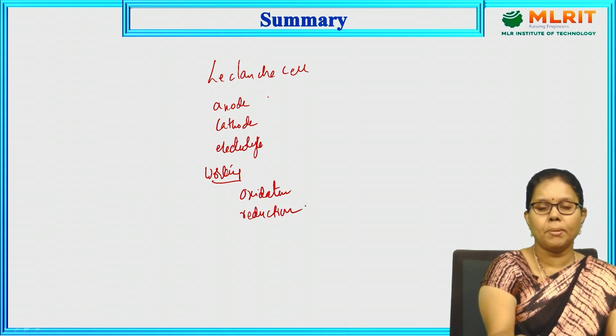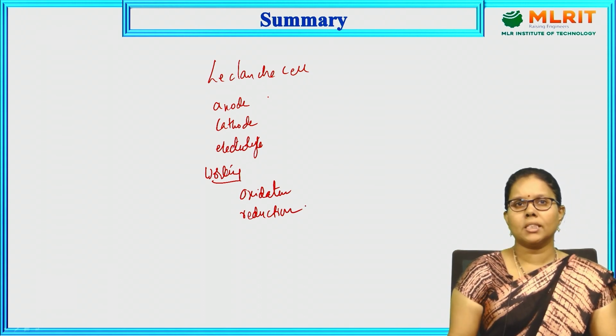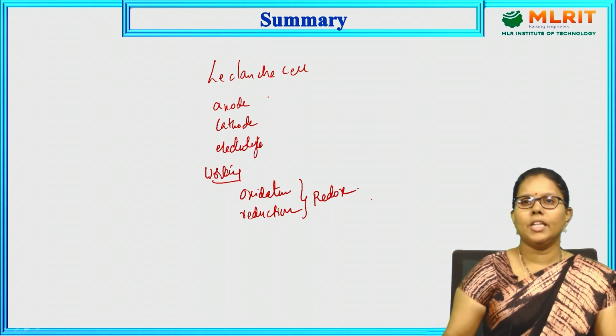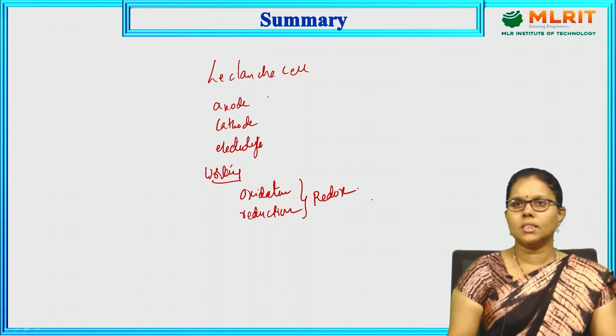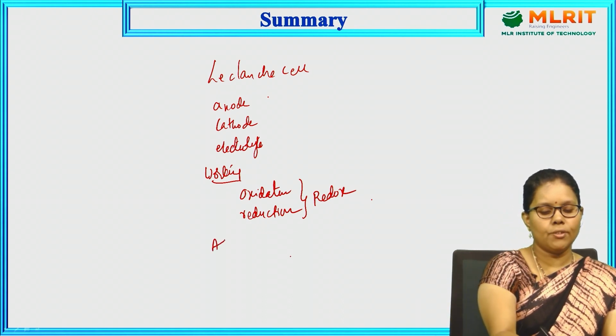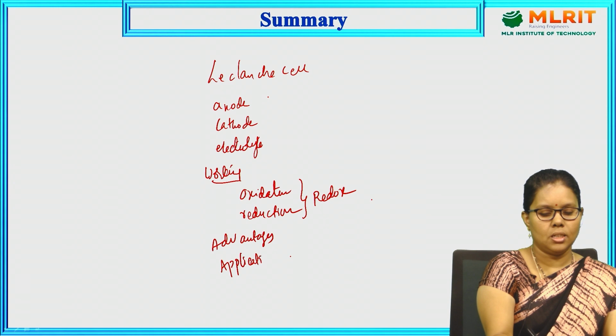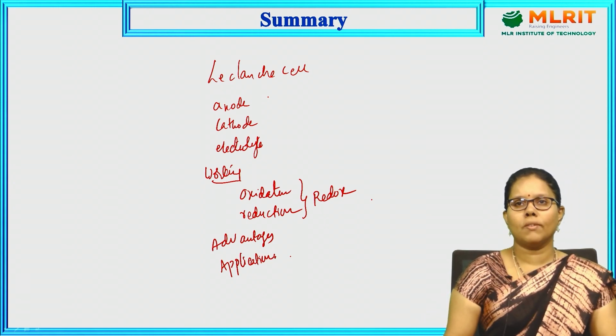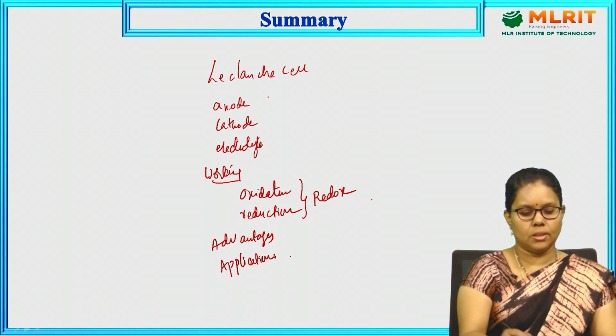This is a primary battery in which a reversible reaction is not possible. We have seen the advantages and applications. This battery was preferred because of the low cost of the electrolytes and zinc materials rather than performance.